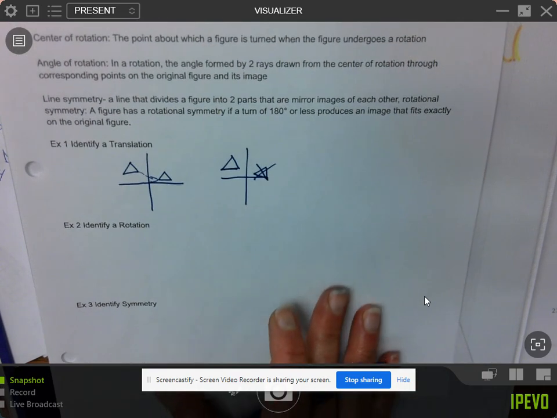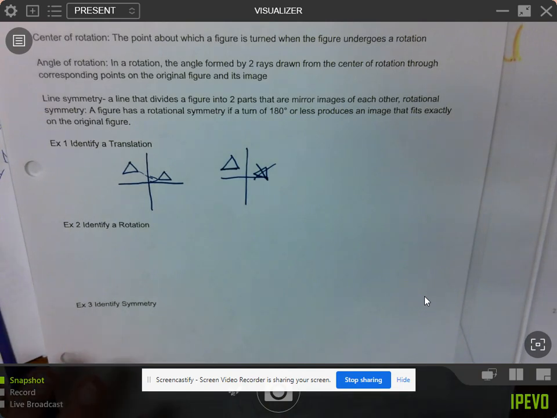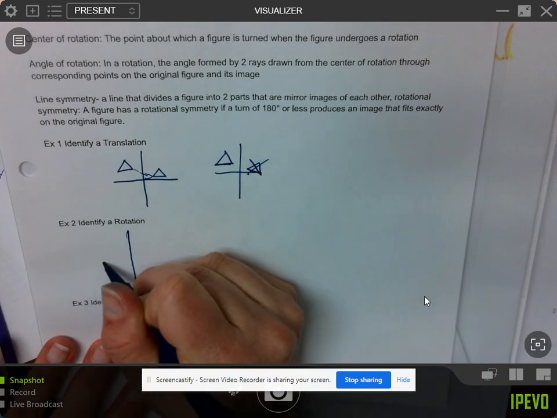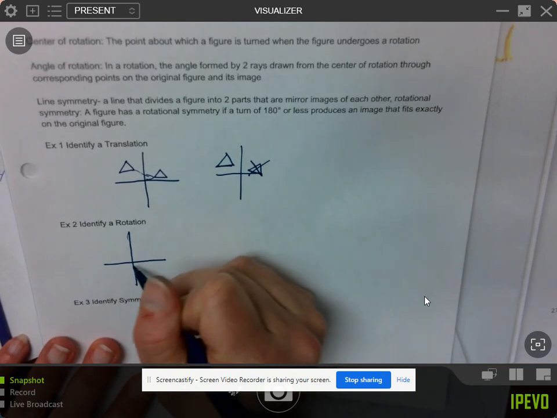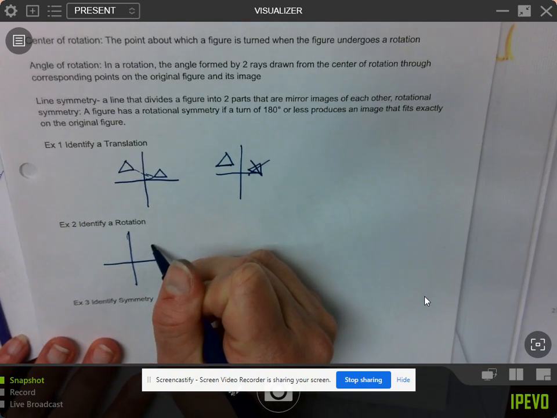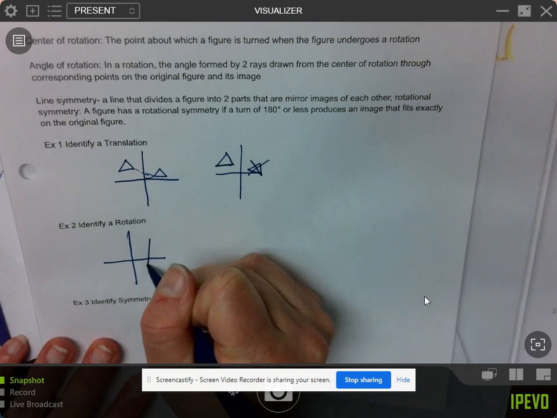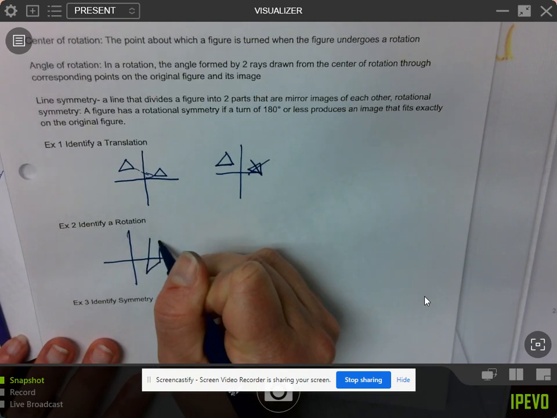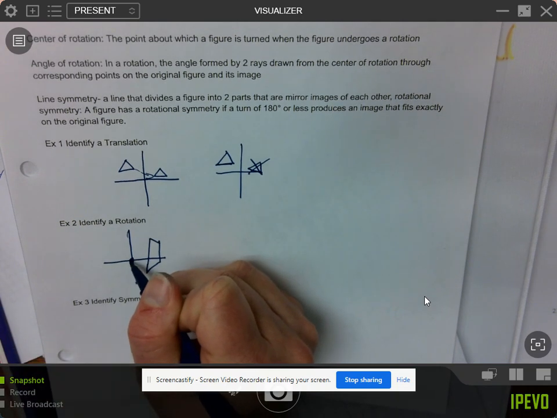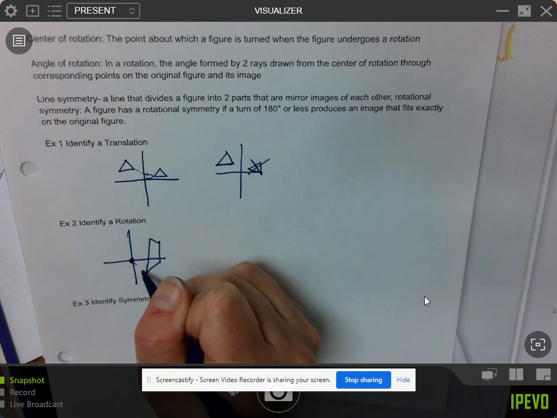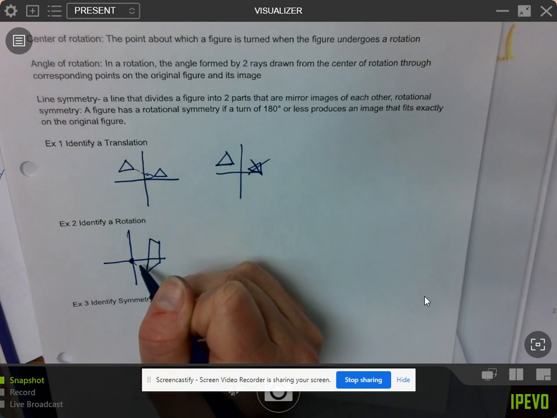A rotation would be if we have, let's say we have a polygon like that, and we're going to rotate it on that origin. So rotating means we're turning it.